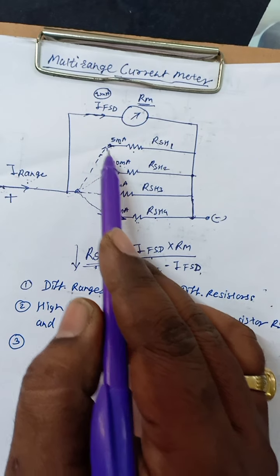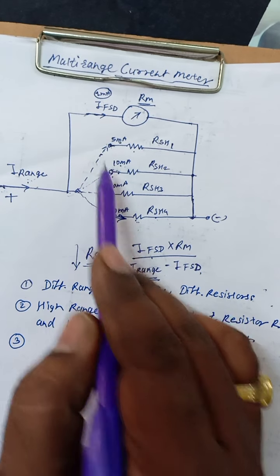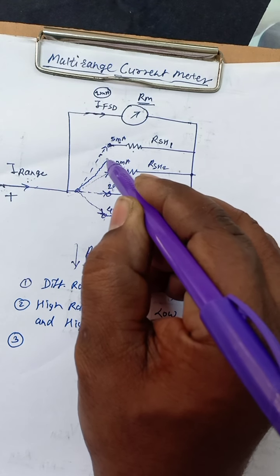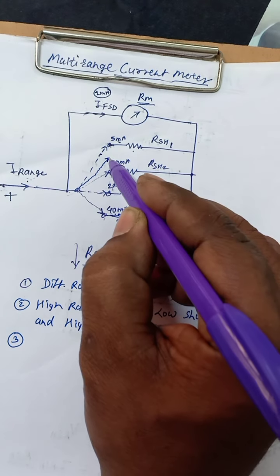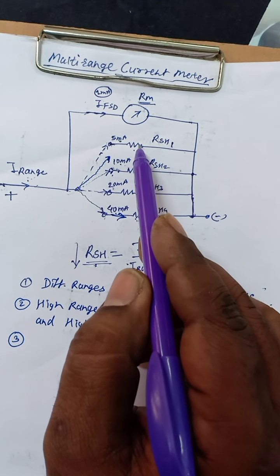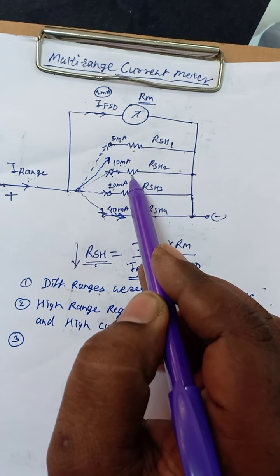If we change the range from 5 milliampere to 10 milliampere, in the intermediate stage there is no contact with RSH1 or RSH2.